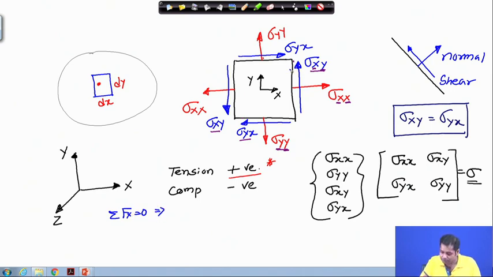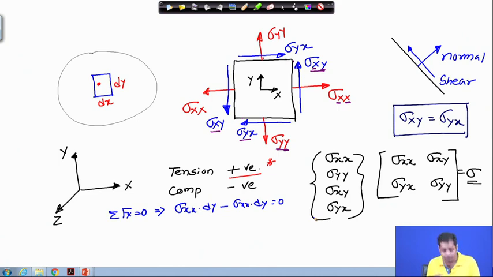The length of this plane is dy, and sigma xx is the normal stress on this. So, sigma xx into dy, we can assume unit thickness. Then minus sigma xx into dy, in the other direction, which is equal to 0.